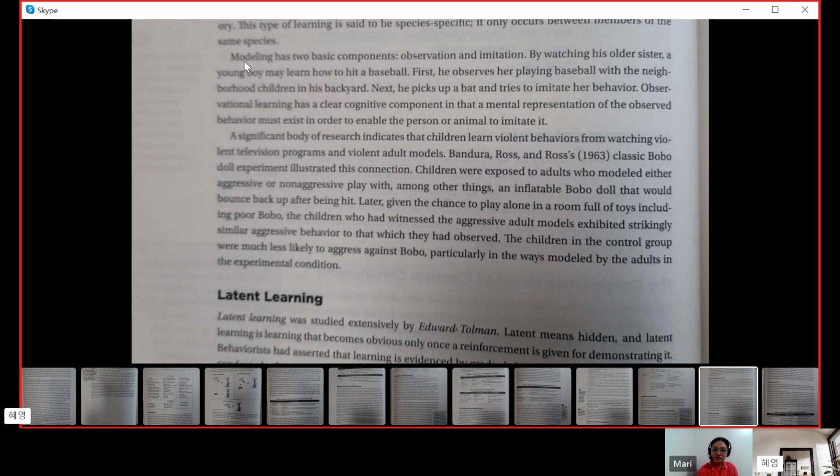Next, he picked up a bat and tried to imitate her behavior. Observational learning has a clear cognitive component in that a mental representation of the observed behavior must exist in order to enable the person or animal to imitate it.